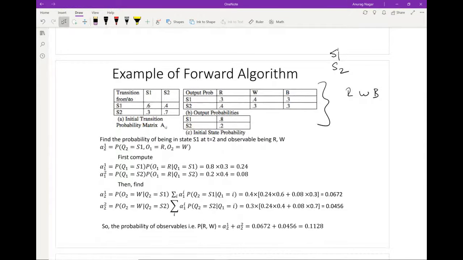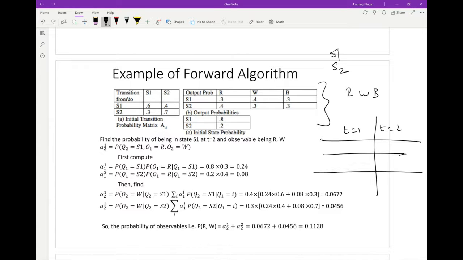Now I want you to tell me the observable. So there are two times, t equal to 1 and t equal to 2. The hidden state I do not know, but the observable I know as R and W. I know this.